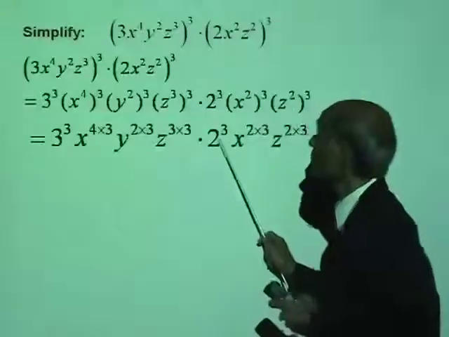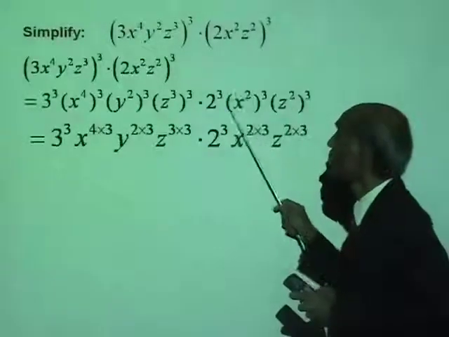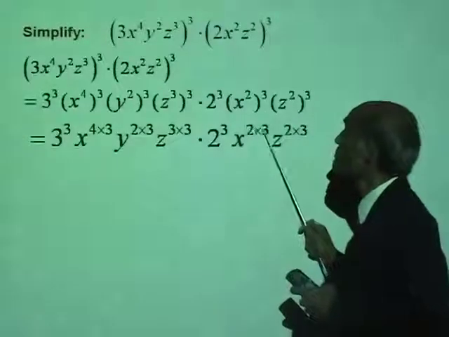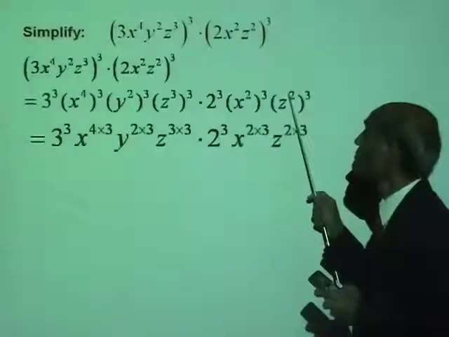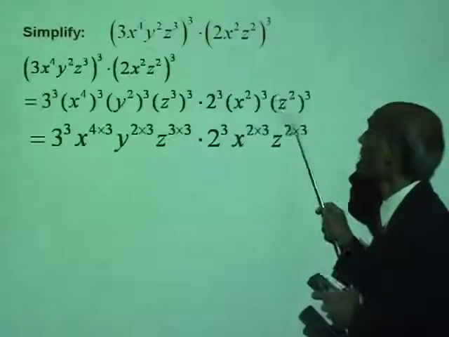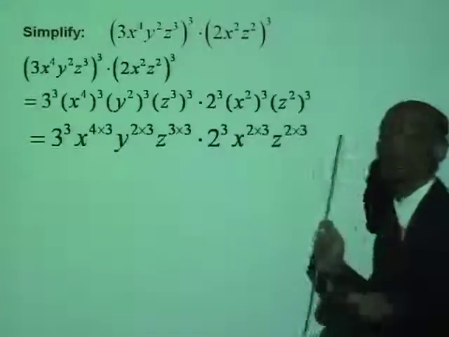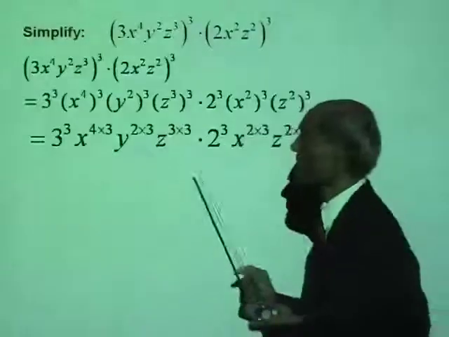2 to the power of 3 we will leave as it is. x to the power of 2 all to the power of 3 is x to the power of 2 times 3. And z to the power of 2 all to the power of 3 is z to the power of 2 times 3. See, look at the way we use the product rule. Let's simplify that.